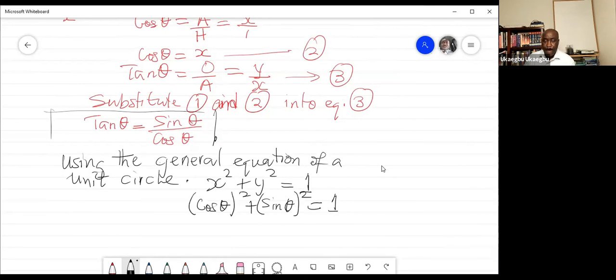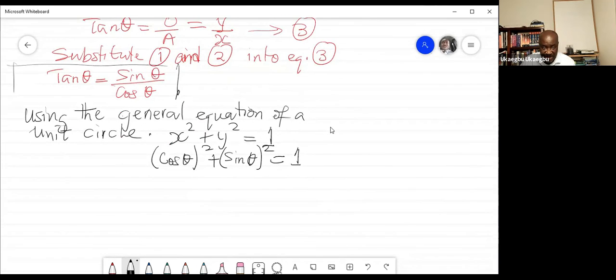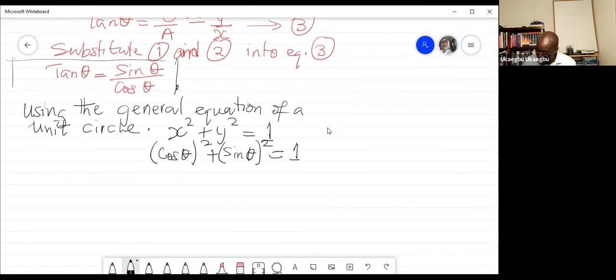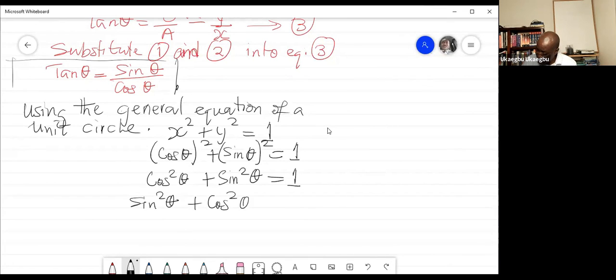But the proper way of writing it is cos squared theta plus sine squared theta is equal to 1. Or you can say that sine squared theta plus cos squared theta is equal to 1.